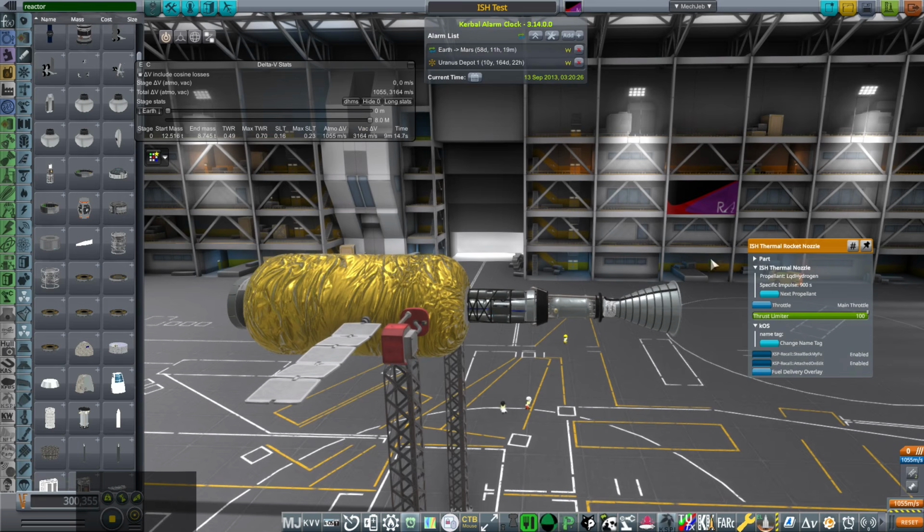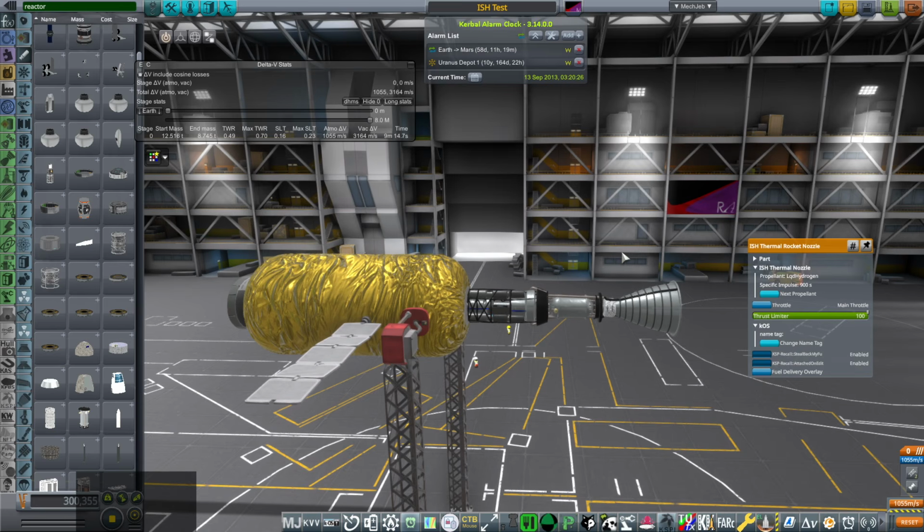You would think this is going to be calculating the right thrust, the thrust that we're supposed to be getting from the reactor. If it's alone, this is reading the wrong amount of burn time. It's reading the time that's written into the configuration instead of the one that's calculated on the fly. But if you put the stock module in, this will read the right burn time with the thermal nozzle.